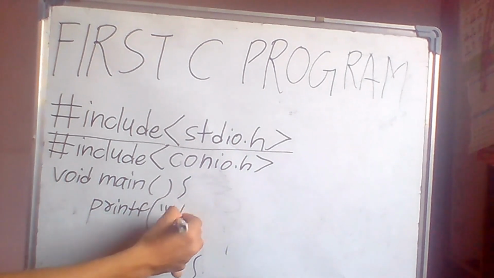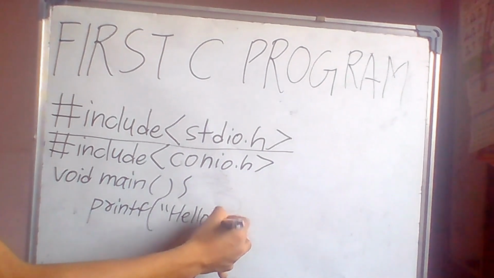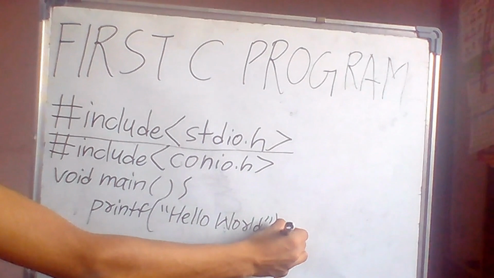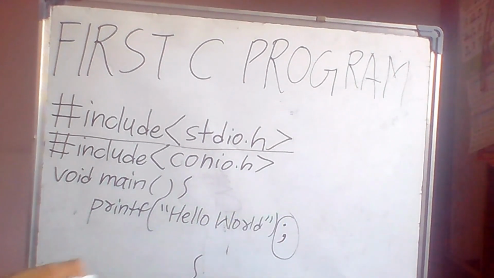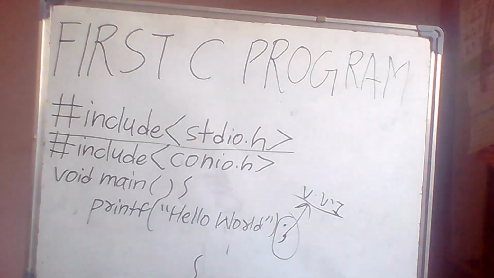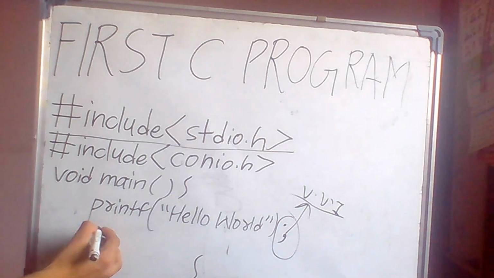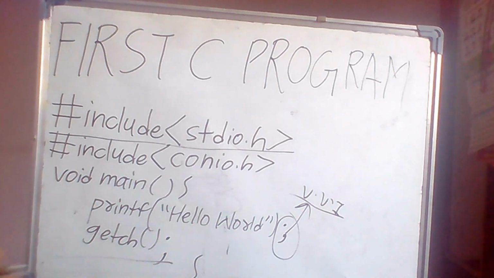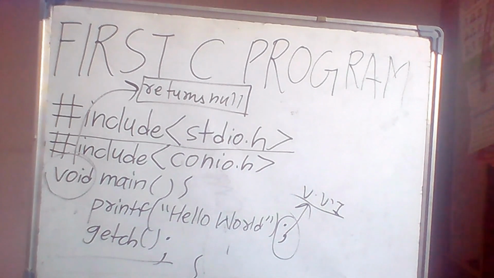But I'm going to tell you that you can only execute the things that are inside the main function. And if the main function things are going to be executed, then you should know that it should not return any value. So void means it is going to return null, it is going to return 0. Okay, I'm going to show you another thing also. You can get it in a later video.